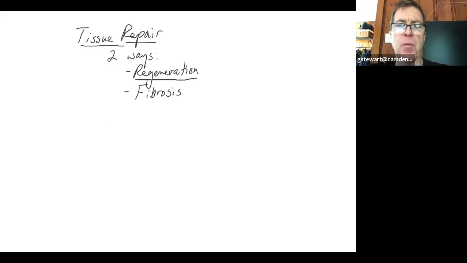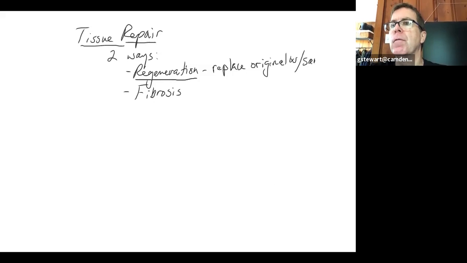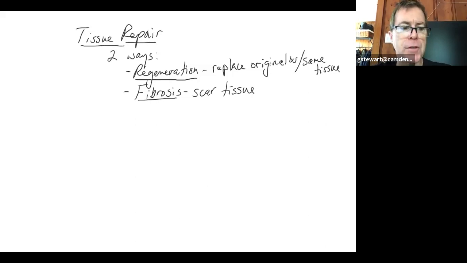So this is just replacing the original with the exact same type of tissue. Fibrosis, always think of scar tissue. When fibrosis occurs, we get this tough fibrous connective tissue that replaces the original tissue.